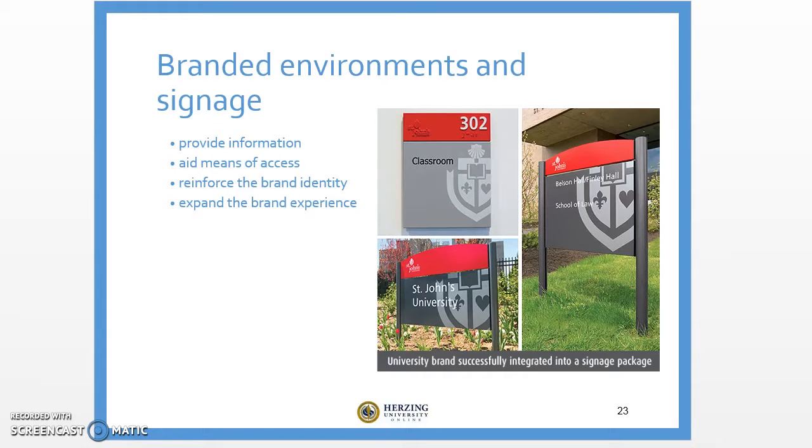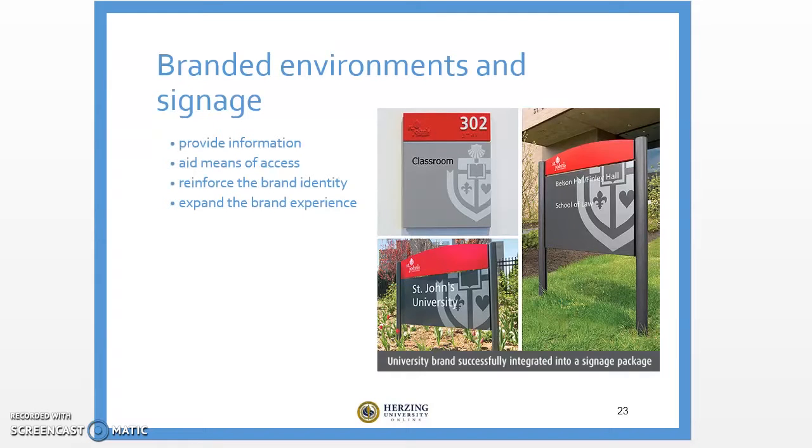Branded environments and signage. They provide information, aid means of access, reinforce the brand identity, and expand the brand experience. Here's an example: universities and colleges are pretty large geographically and span a big space with multiple buildings.